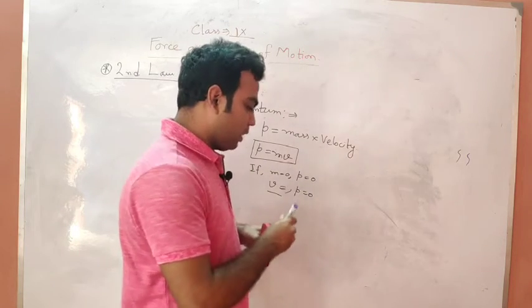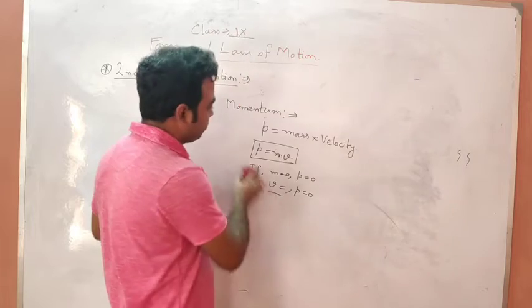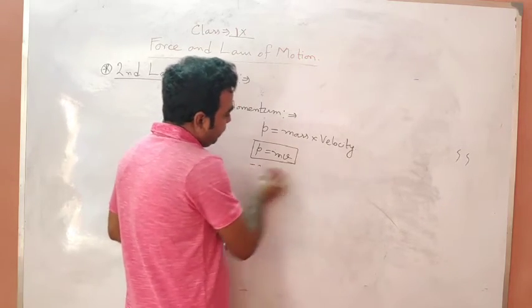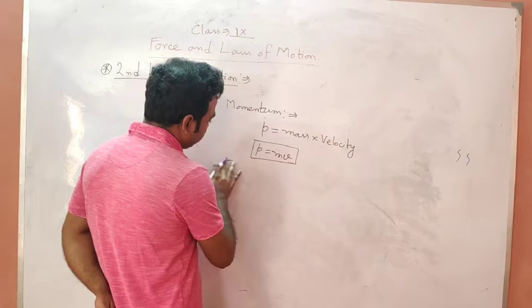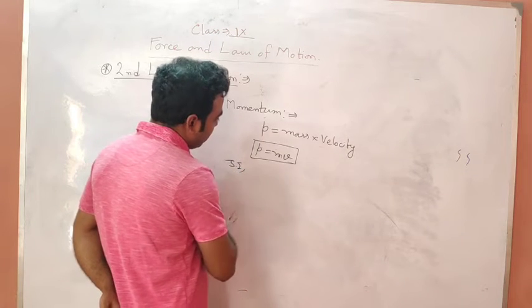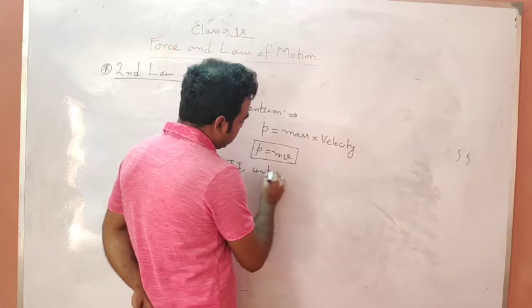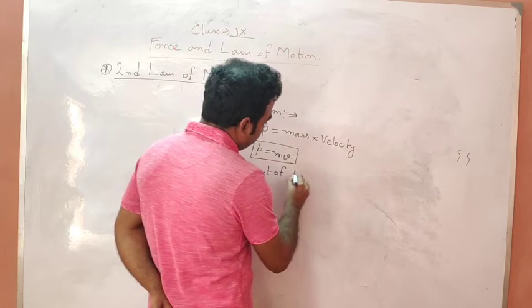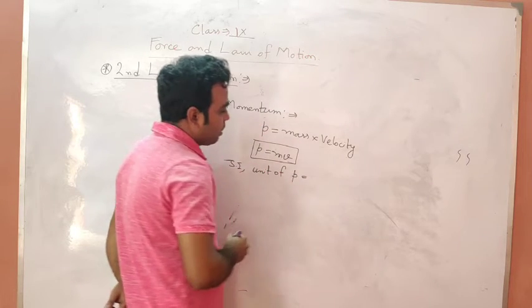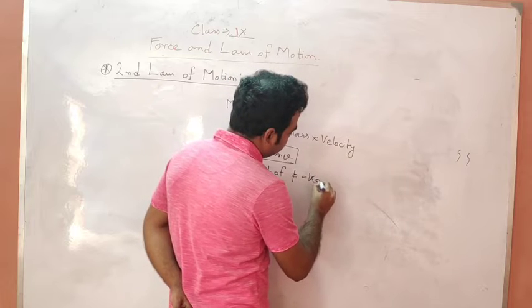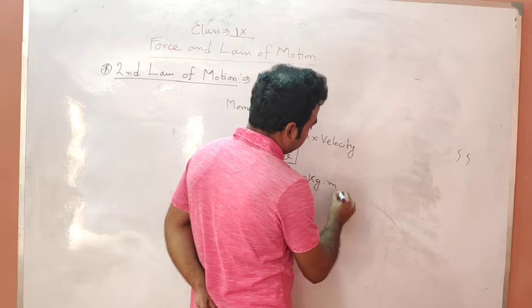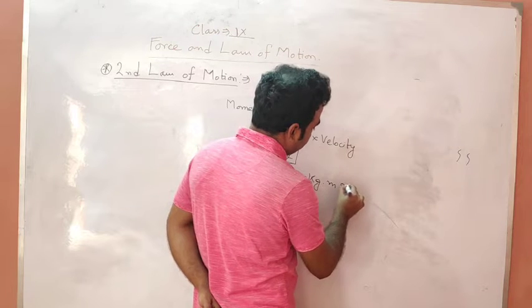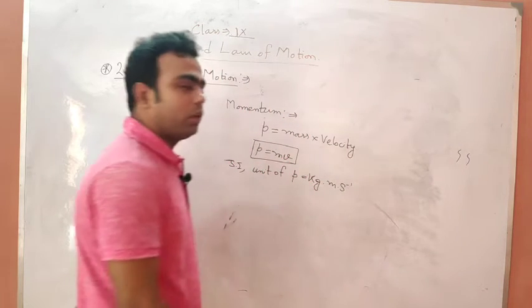Now what will be the unit of momentum? Momentum means mass into velocity. So in the SI system, the unit of p equals the unit of mass, which is kg, times the unit of velocity, which is meter per second, that is m s^-1.